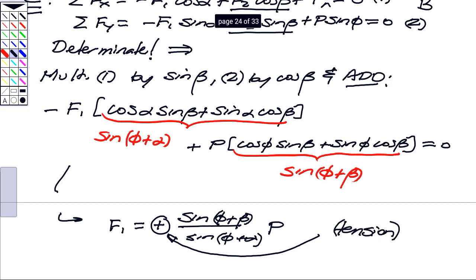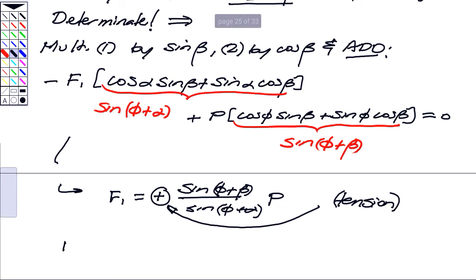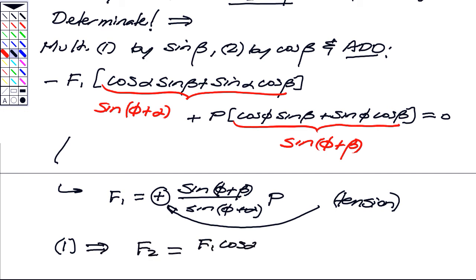If I take equation 1, now in order to get an equation for F2, this becomes F2 is equal to F1 cosine alpha minus P cosine phi divided by cosine beta.